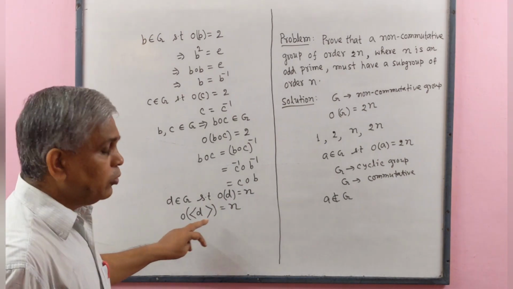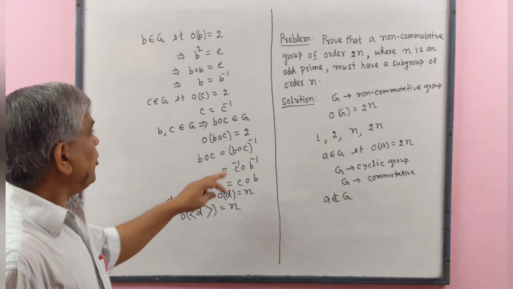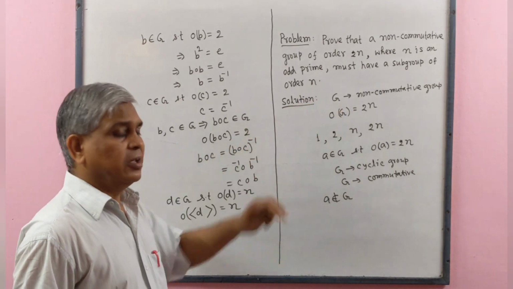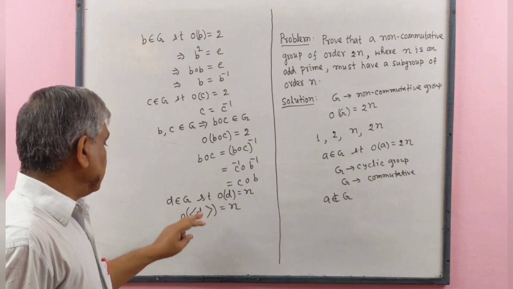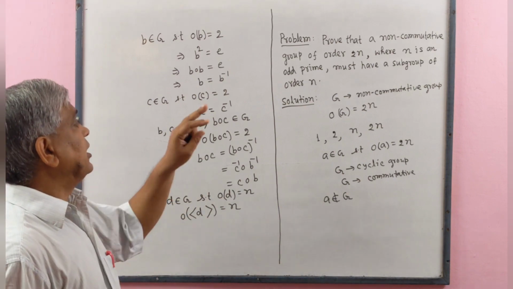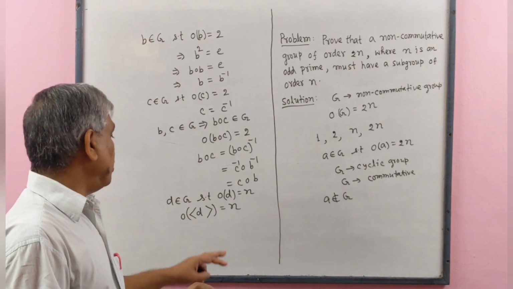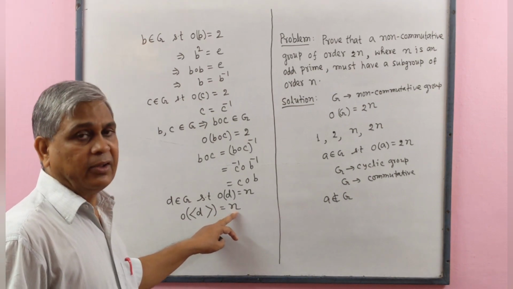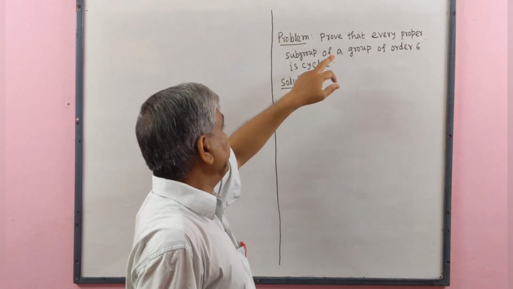The cyclic group is a subgroup of G. Therefore, the group G contains a subgroup of order n. Proved. Now we solve a problem.